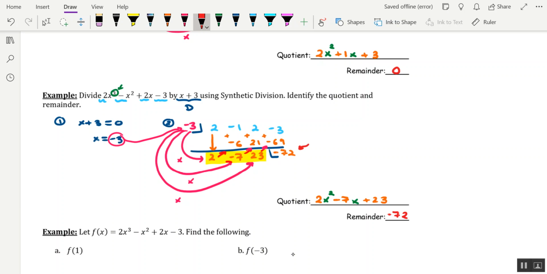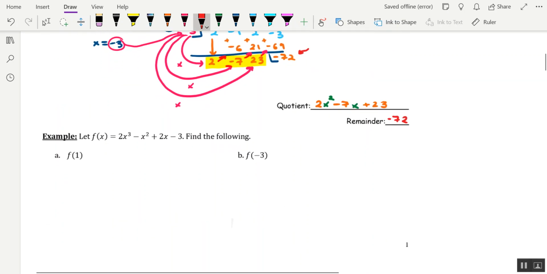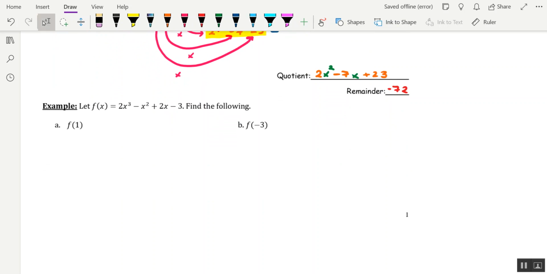So I want to point out a couple of things regarding the synthetic division and how it connects to the zeros of a polynomial function. In this next example, I made our dividend a polynomial function, and I'm requesting us to evaluate two particular inputs.